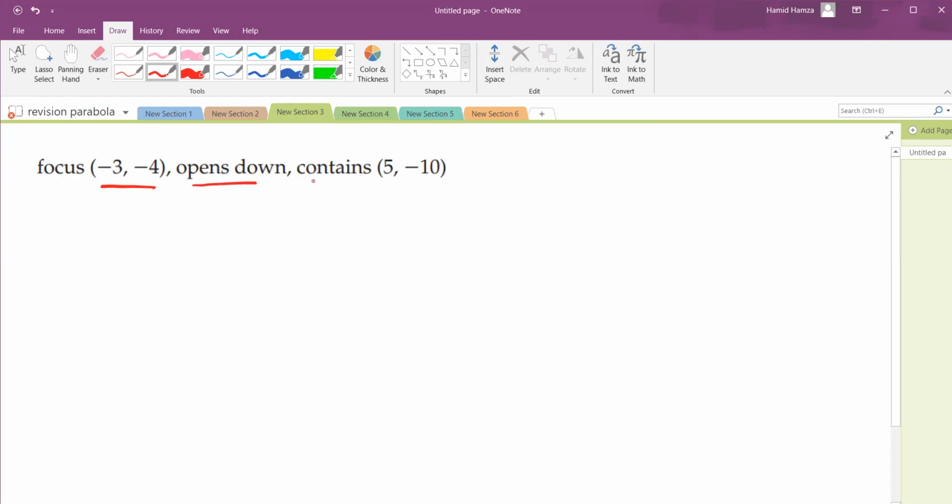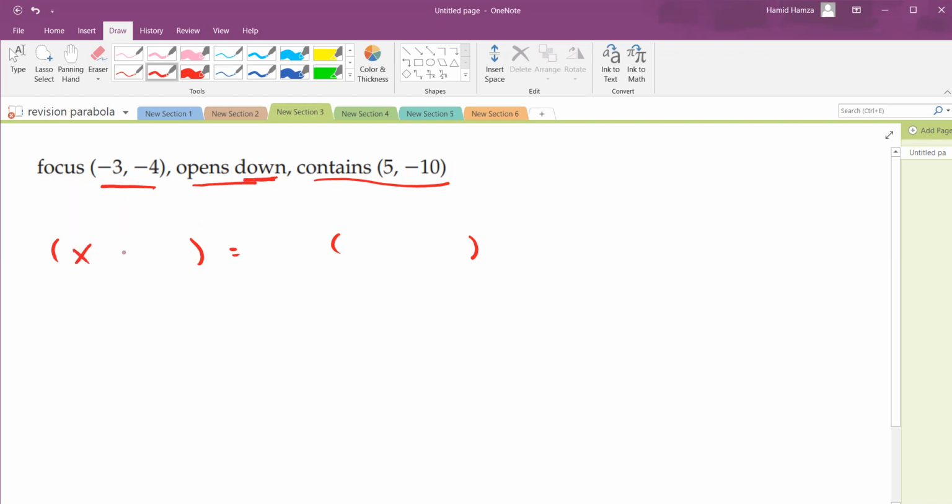It contains 5 and negative 10. It opens down, meaning negative x square. Yes, this tells you the power is above x. It's open down, so it will be above x, guys.